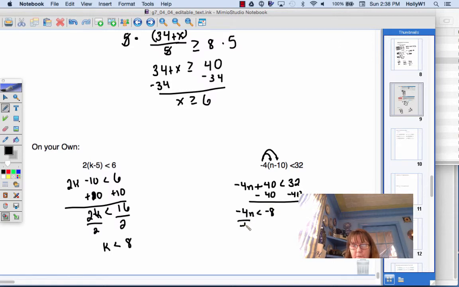I'm going to divide by negative 4. And since I'm dividing by a negative, I know I'm going to swap that around and end up with a greater than sign. So n is greater than 2. And that's the answer to that. Well, I hope that helps for section 4.4, and I'll see you in class.